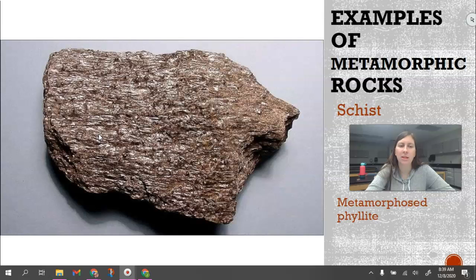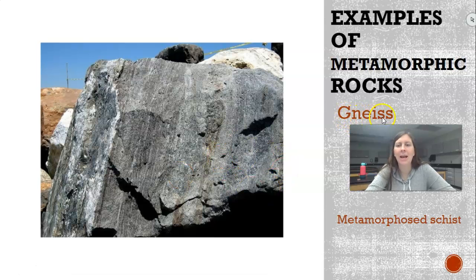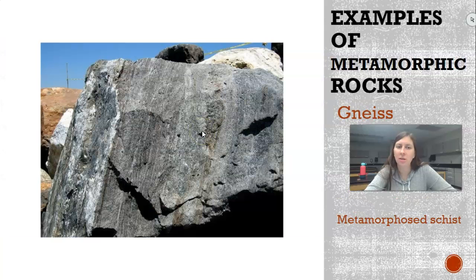You'll be able to see that in some metamorphic rocks. Next we have gneiss, G-N-E-I-S-S, it's pronounced nice. That is when you add extra heat and pressure to schist and you form gneiss.